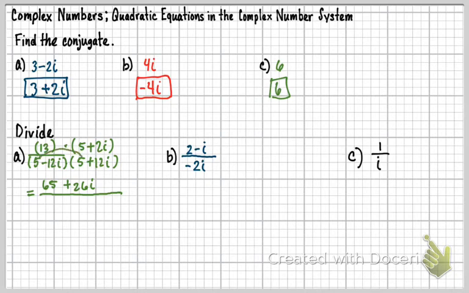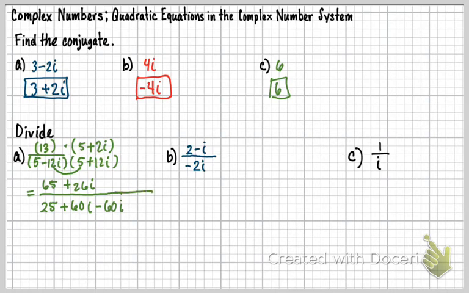The bottom here, we're going to have to do a FOIL again. First I'm going to do 5 times 5, which is 25. Then 5 times 12, which is plus 60i. Then negative 12 times 5 is going to be negative 60i.